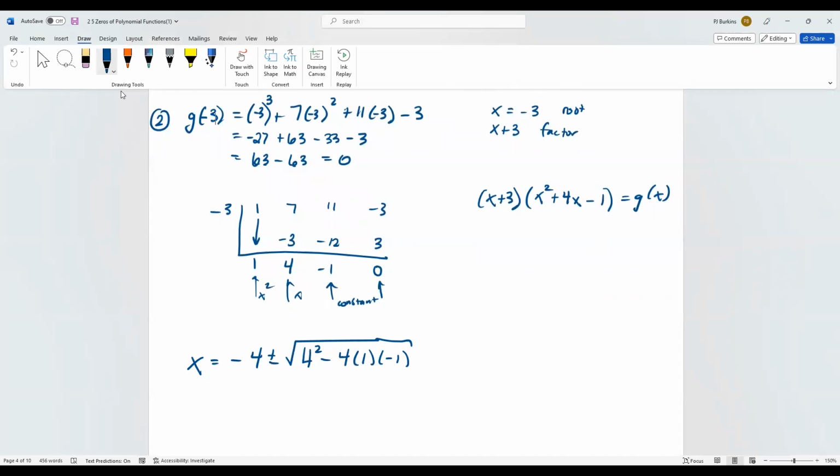Remember that I'm getting these from the ax squared plus bx plus c form, all over 2 times a. Then we're going to simplify this best we can. So 4 squared is 16. Then we have 4 times 1 times -1. That's -4, and it's minus, so that's really +4. All divided by 2.